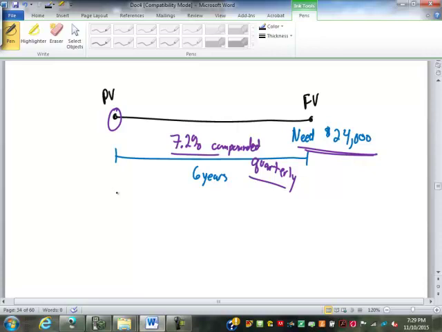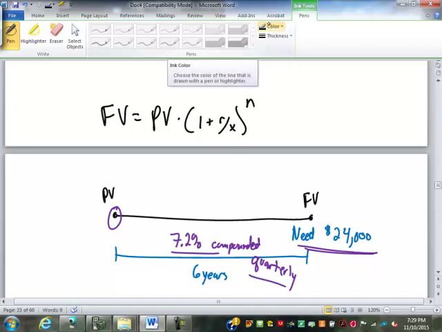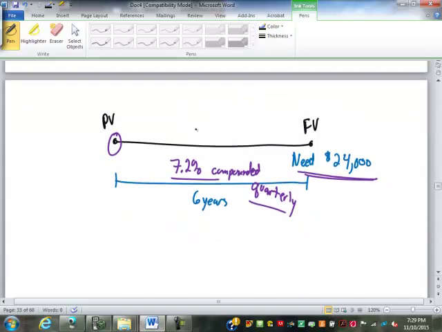It's really no different than the future value. Our future value formula was future value equals the present value times 1 plus the rate divided by x, to the power of n, or xt, but we just replace it with n. Well, our present value is equal to the future value divided by 1 plus the rate divided by x to the power of n.